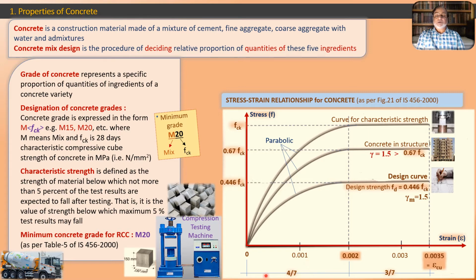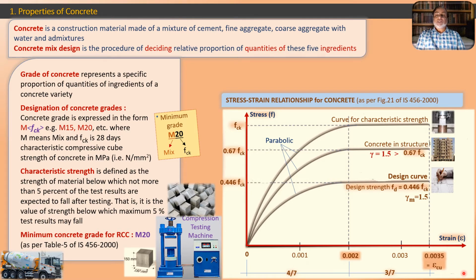So 4/7 part of this concrete curve is a parabola and 3/7 part is a straight line. So we say that this concrete stress block, as we are going to call it later on, is a parabolic rectangular shape.